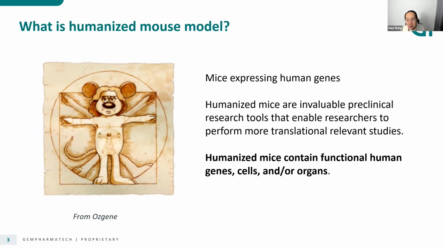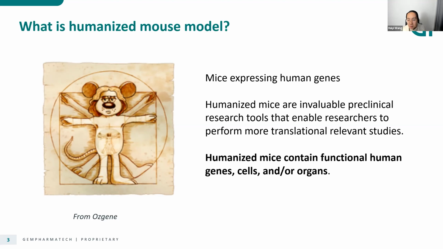While many basic biology insights have been obtained from mouse studies like B6 mice, there are still many limitations to these mouse models when investigating human biology, because human-mouse differences still exist.